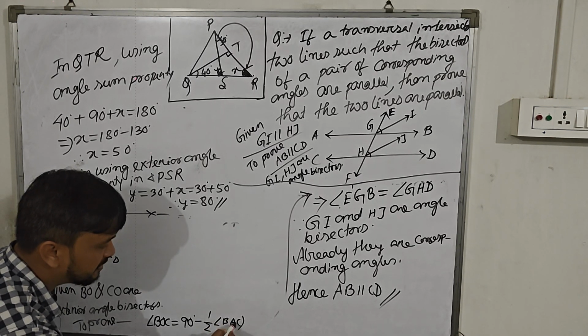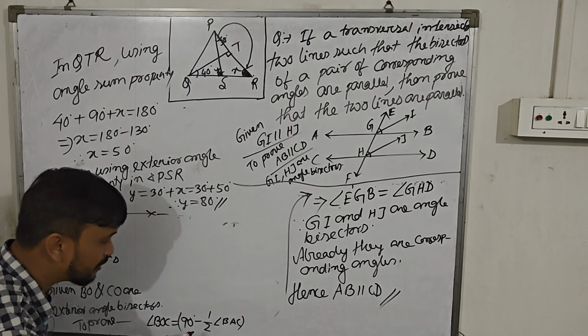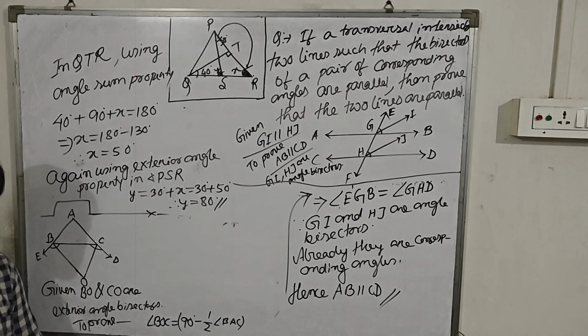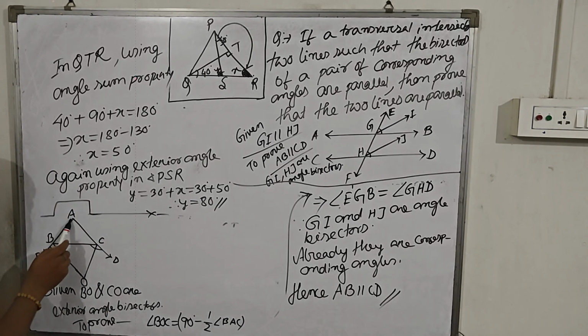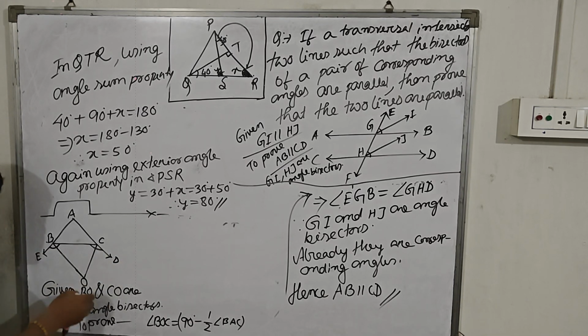Let me explain the drawing. ABC is a simple triangle. I extend this side and this side, so two exterior angles are formed. This one and this one are exterior angles. I do not know their values, but these two lines are angle bisectors. Suppose this angle is 120, then 60, 60.